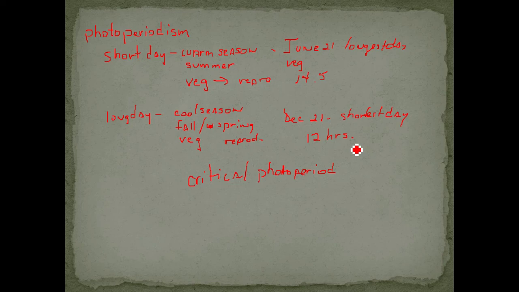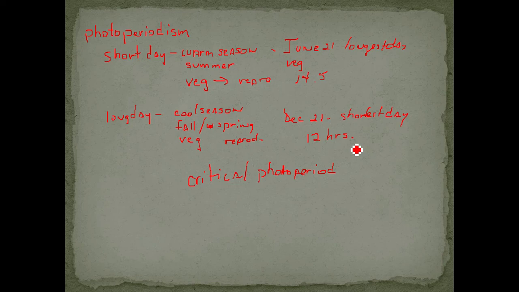Remember that at various latitudes, day lengths vary greatly. So it's the latitude of adaptation that generally will determine the critical photoperiod. If you have a long day plant with a critical photoperiod of 12 hours, that means that any photoperiod longer than 12 hours is going to make it flower.